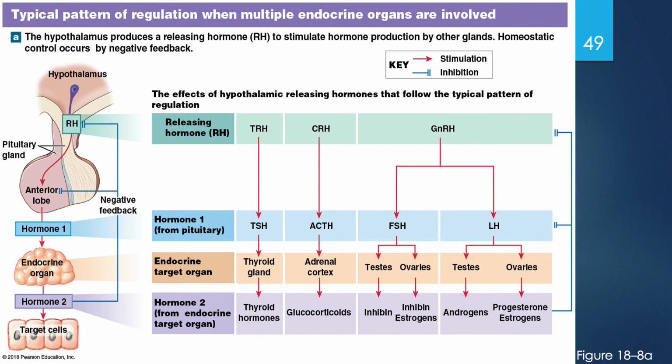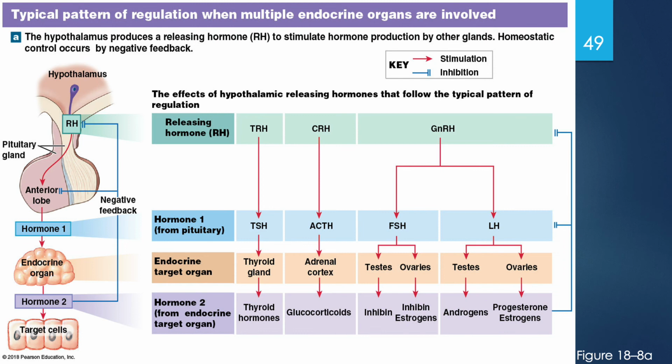And then in the last column, what we have is gonadotropin-releasing hormone from the hypothalamus, which then comes down to the pituitary gland, and then it will affect either FSH, follicle-stimulating hormone, or LH, luteinizing hormone. Both of these are affected by gonadotropin-releasing hormone, and depending upon whether it's affecting testes or ovaries, it'll have different outcomes.